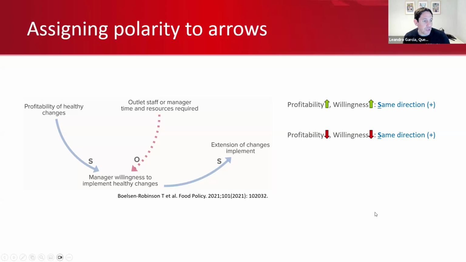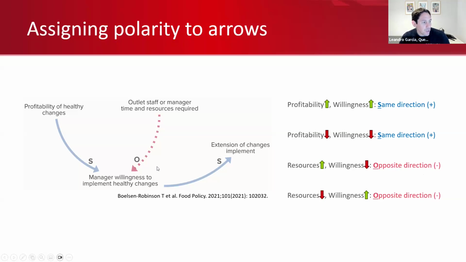The same confusion sometimes happens when, for instance, resources go up and willingness goes down. So it's easy to see the direction of willingness and the direction of the minus signal have the same meaning here. It's an opposite direction, but it's also an opposite direction. So a minus signal here, or when willingness is going up, resources are going down.